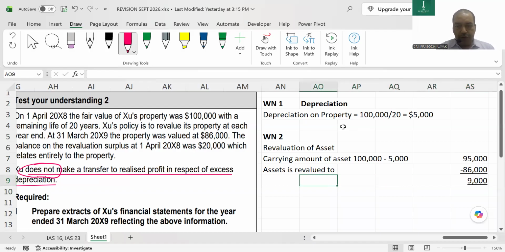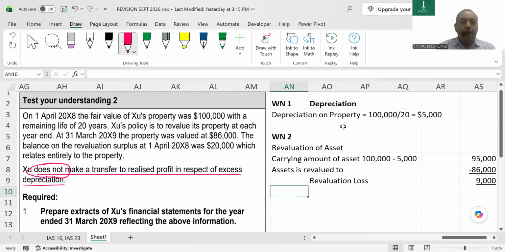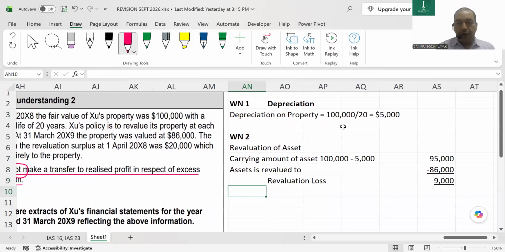This is loss on revaluation. Do we have a balance in the revaluation surplus? Yes. On 1st April 20x8, we are having a balance of 20,000. Against that, we can adjust this loss of 9,000. Okay. And wipe out the entire loss. Fine. So from OCI, that 9,000 can be adjusted.